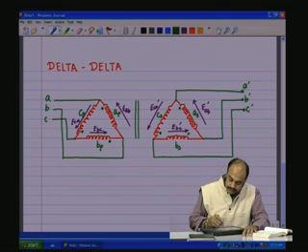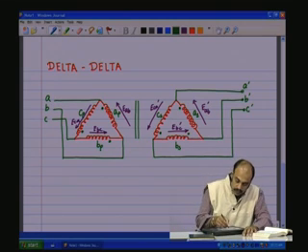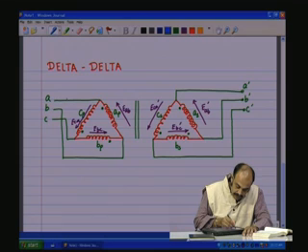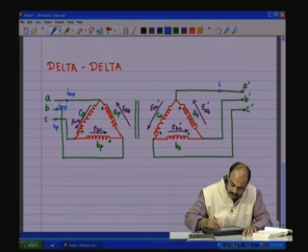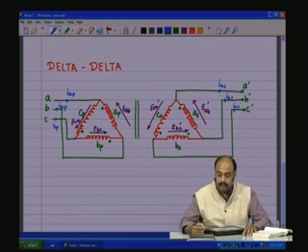Now, here we have 3 currents, that is IA primary, IB primary, IC primary, and the 3 currents coming out of this line here, which we will call IA secondary, IB secondary, IC secondary.